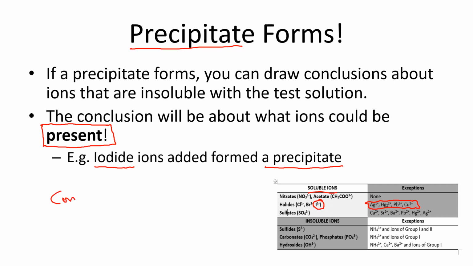So our conclusion must be that either silver or mercury 2 or lead 2 or copper 1 must be present. So your conclusion is always going to be what is present.